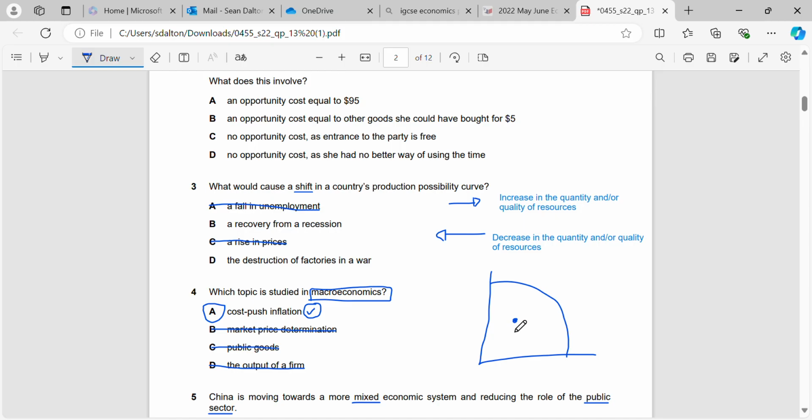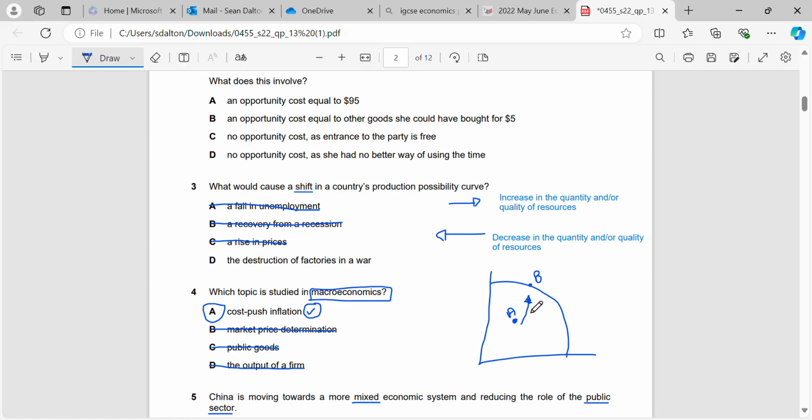So a fall in unemployment would mean we'd be inside the curve, and we would move to a point on the curve as we become more efficient and as more people start to get a job, we use our resources better. Okay. If we have a recovery from a recession, the same thing is likely to happen. We're likely to move from inside to on the curve.